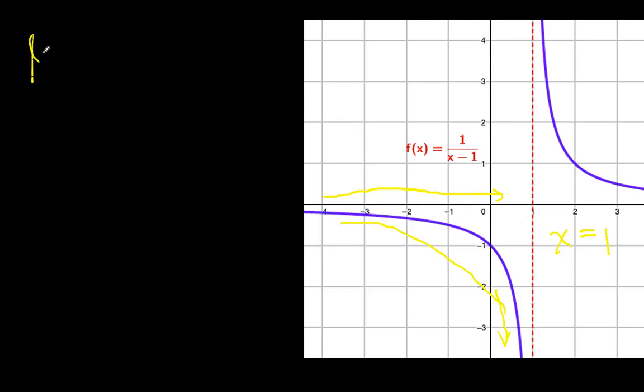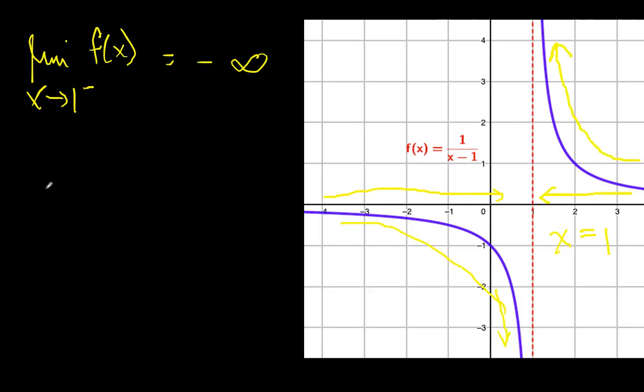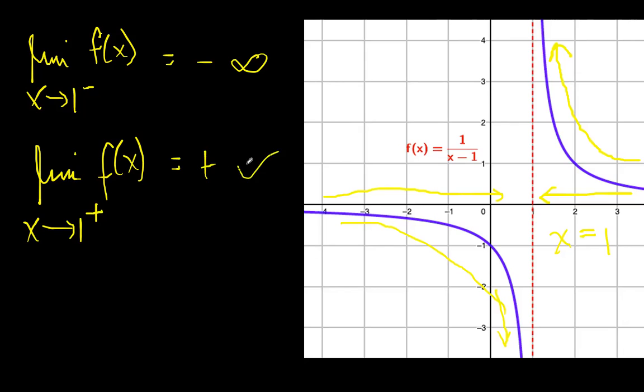So we could write it in this manner: the limit of f of x as x approaches 1 from the left is equal to negative infinity. On the other hand, as x approaches 1 from the right, the function value increases without bound, which means that the limit of f of x as x approaches 1 from the right is positive infinity.